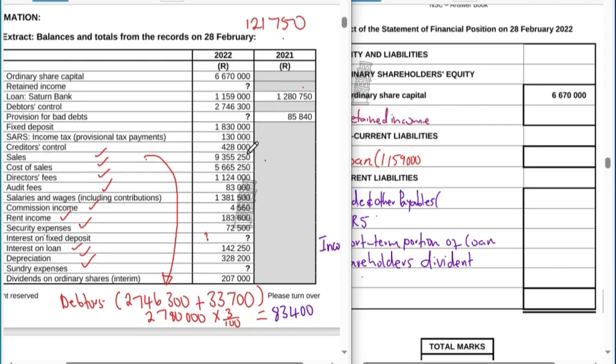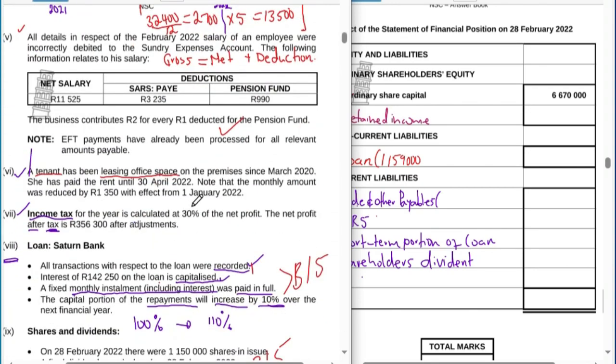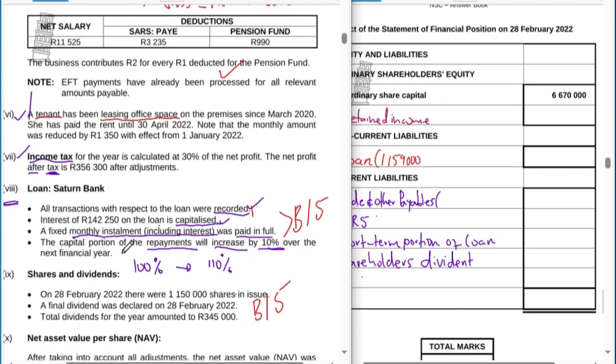And then now we already know that there is a payment of how much for loan. There we go, the fixed installment including interest, and we know that there was a monthly payment of loan of 121,750, and they told us that the interest is capitalized, meaning 142,000 has been capitalized.